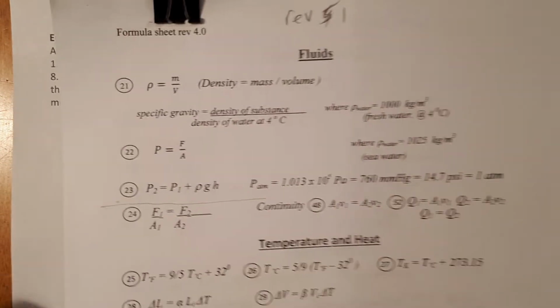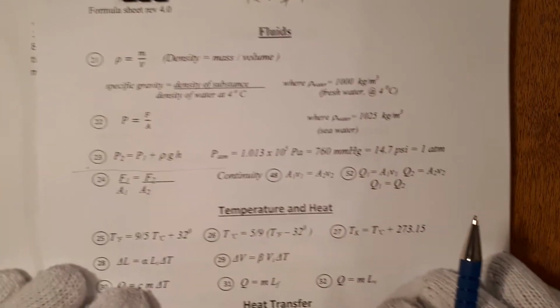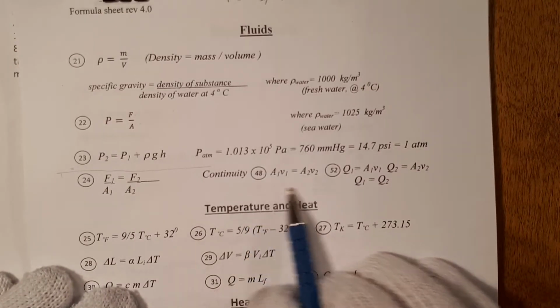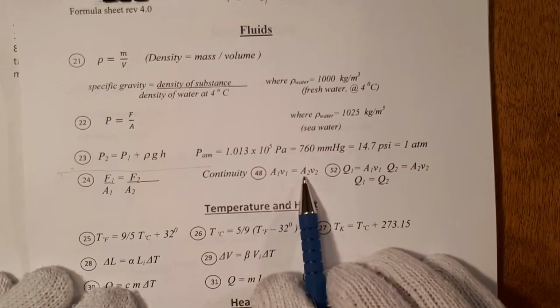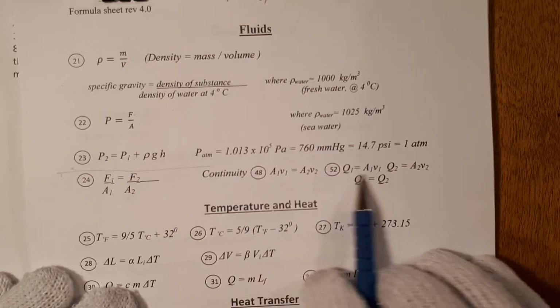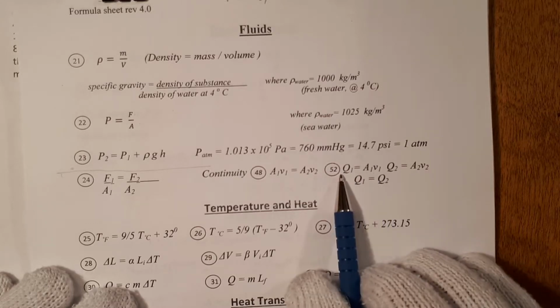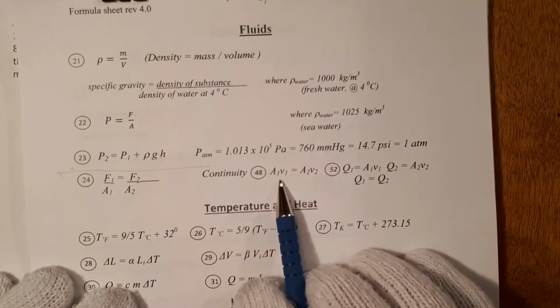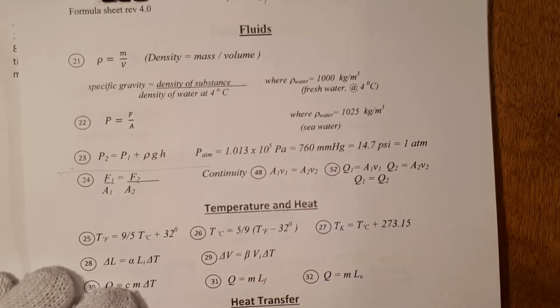Let's have a look at our equations. Continuity. Let's develop this equation first using equation 52. This is the equation of continuity. So let's use this at both ends of the hose and see how we can arrive at equation 48.